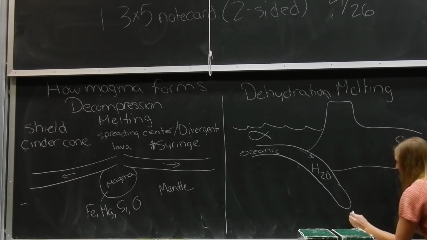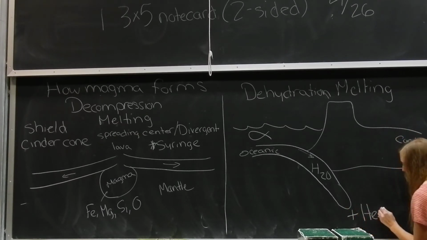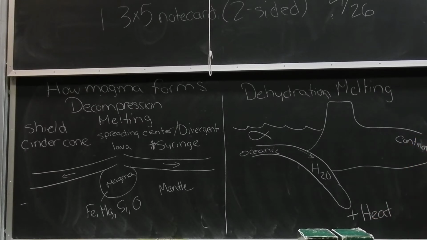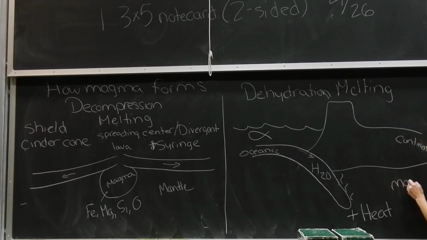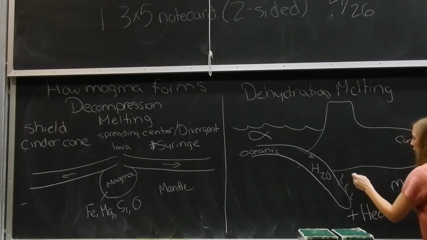Yeah, so we add heat. Heat coming from radioactive decay. Heat coming from the leftover heat from the formation of our planet. Right? So we heat this up, drive the water into the mantle. When you put water into mantle, it lowers the melting temperature.